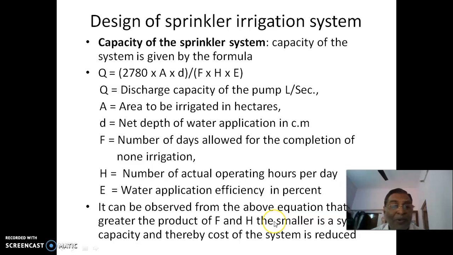It can be observed from the above equation that the greater the product of F and H, the smaller the system. What is F? The number of days allowed for completion of irrigation. H is the number of actual operating hours per day.